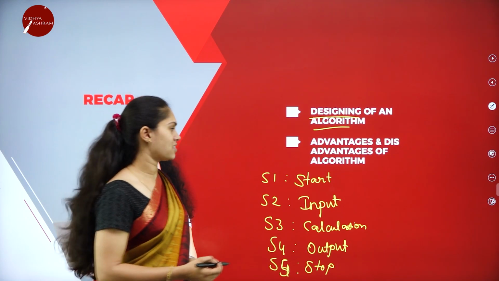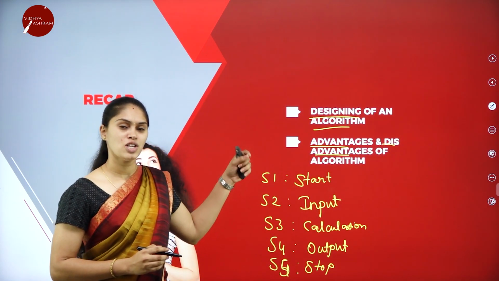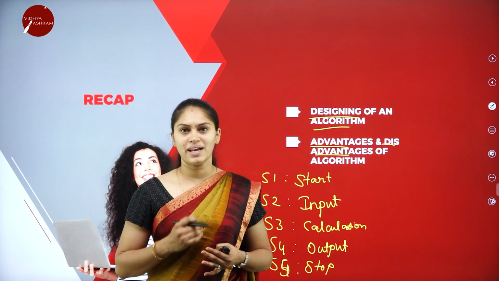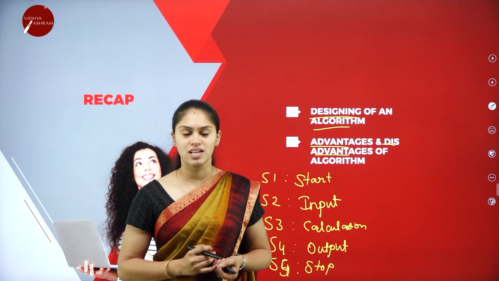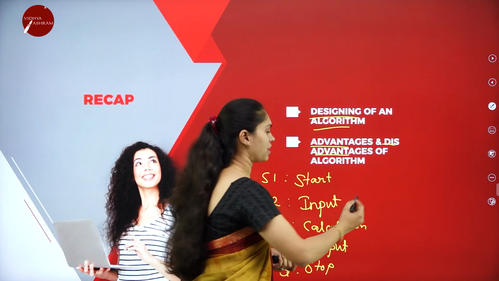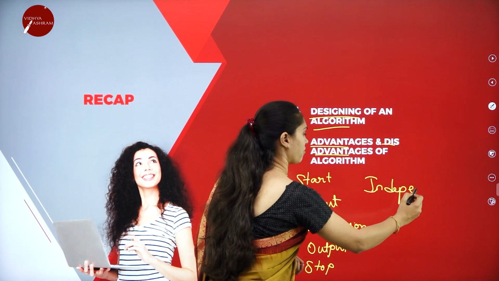And also I had discussed the advantages and disadvantages of an algorithm. When it comes to the advantages, it is always a step-by-step refinement of a process so that it will be easier. After that, what is one more advantage? It is independent of a programming language.